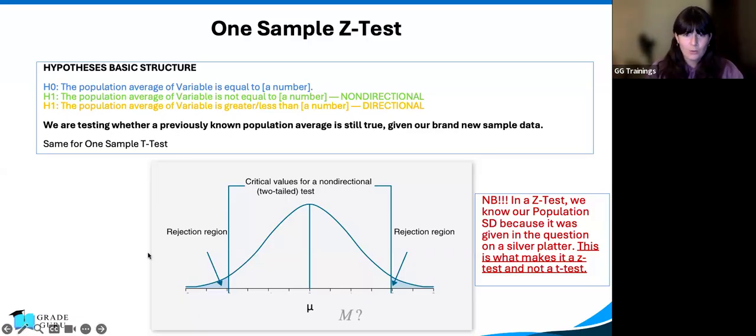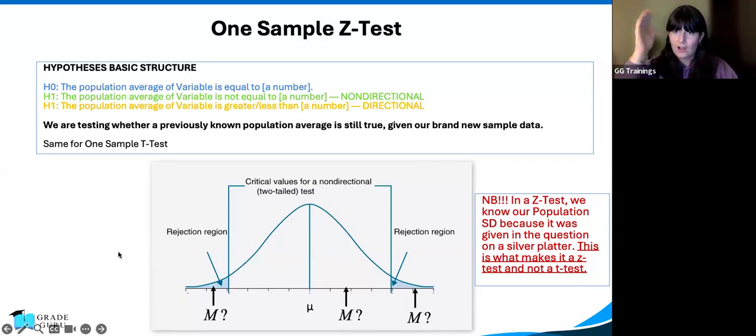So we're basically looking for where our sample mean is. Is it here? You can see here it's still quite close to the old population mean, or is it in the tails, also called the rejection region? The rejection region is where your alpha sits.